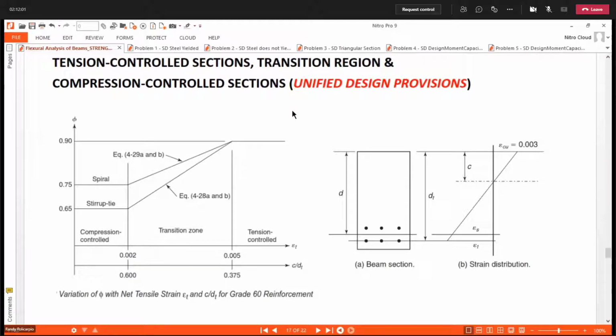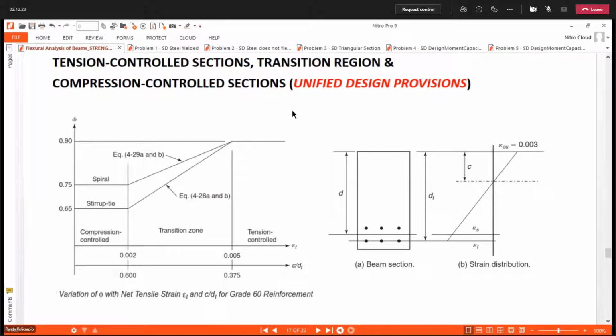For flexural member like this, we prefer na tension controlled yung section natin. We prefer it na tension controlled kasi yung member natin is said to be ductile. Ductile yung section kapag tension controlled yan.